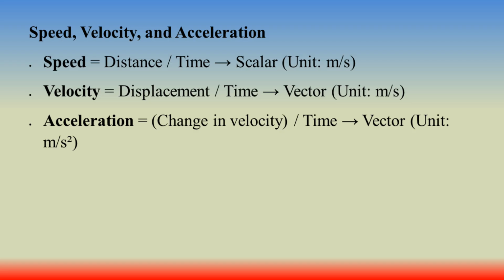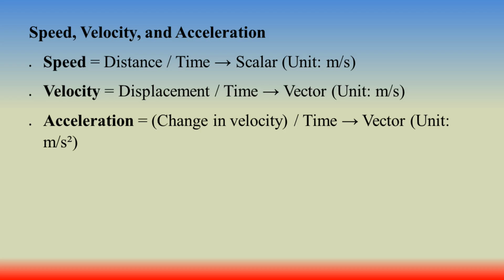Speed, velocity and acceleration. Let us talk about how fast things move. That is where speed, velocity and acceleration come in. Speed is the distance divided by time. It does not care about direction. Velocity is displacement divided by time, so it does involve direction.